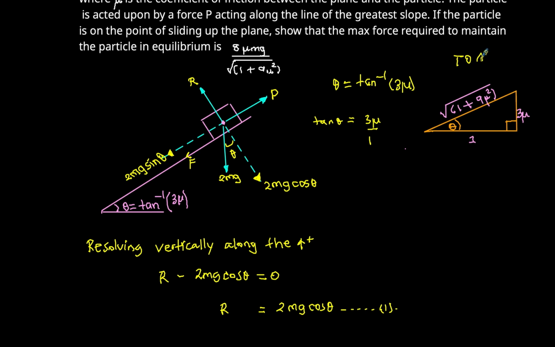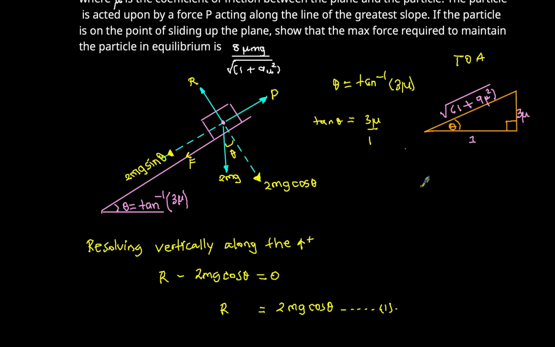Tan is given by opposite over adjacent, so our opposite is 3 mu and adjacent is 1. Using Pythagoras theorem, the hypotenuse is root of 1 plus 9 mu square.